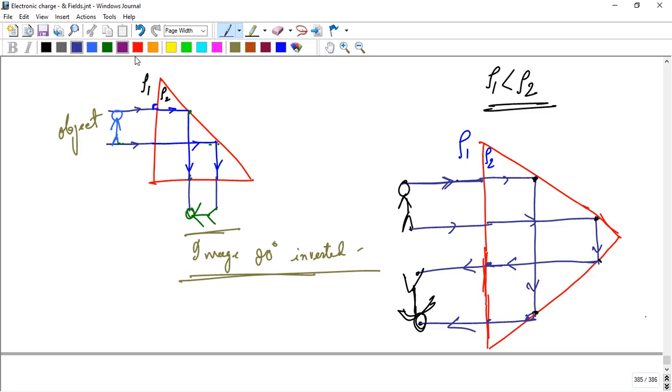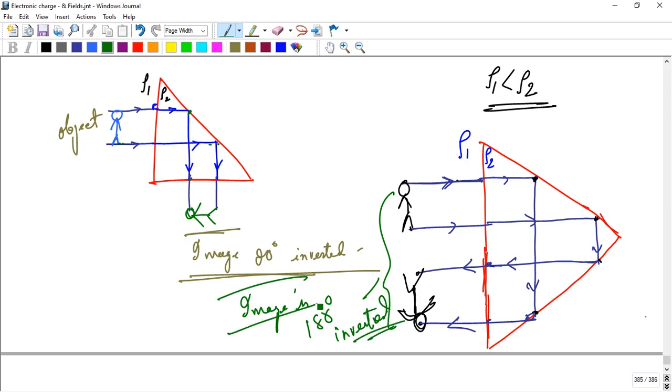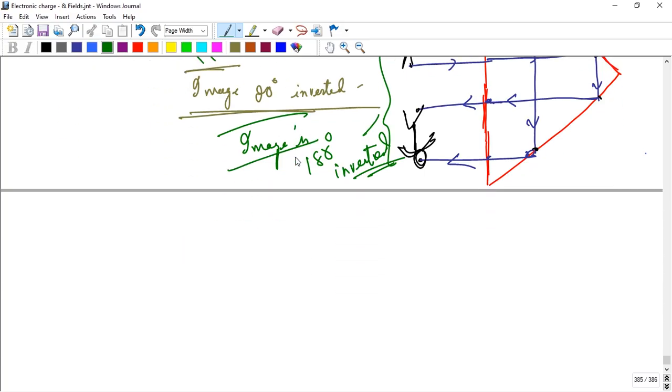Very carefully, the image is 180 degrees inverted. So with the help of two diagrams we get an inverted image without changing the size of the object.